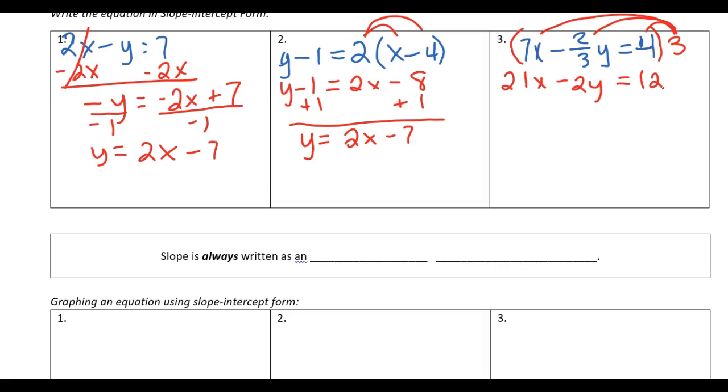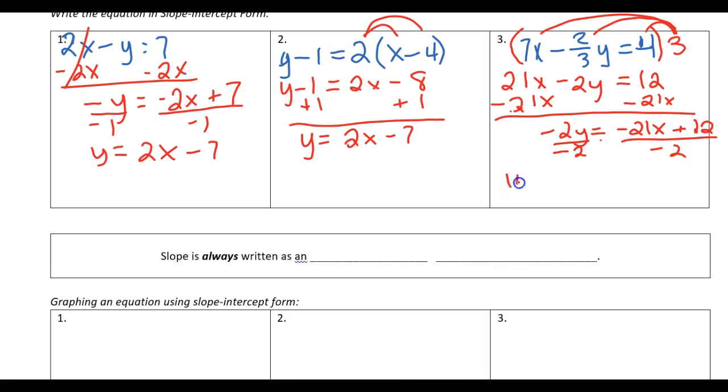The first step from here is to subtract 21x. So I have -2y equals -21x. Remember to put the x variable first, and then your plus 12 constant at the end. My last step is to divide everything by -2.